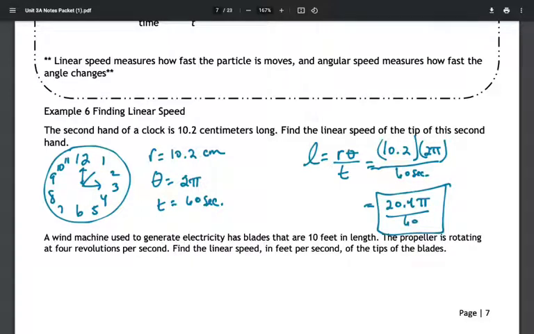All right, then we have a wind machine used to generate electricity that has blades that are 10 feet in length, so the radius is 10. The propeller is rotating 4 revolutions per second. So that means it does 4 full circles, so 4 times 2 pi, which would be 8 pi. And the time it took to do that, it did 4 revolutions per second, that would be 1 second.